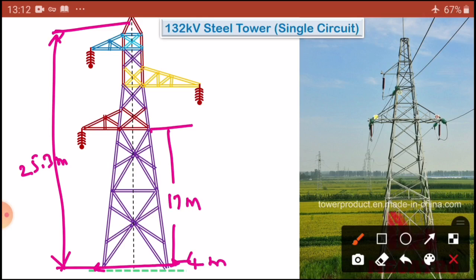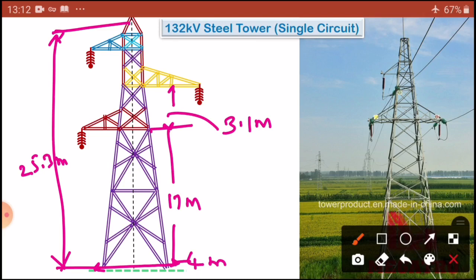Okay, so here now this is over. From this place, now I am going to write another structure distance, so that distance may be nearly 3.1 meters. So phase to phase I require 3.1 meters for the two cross arms.